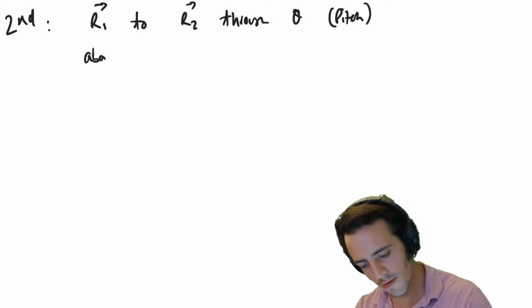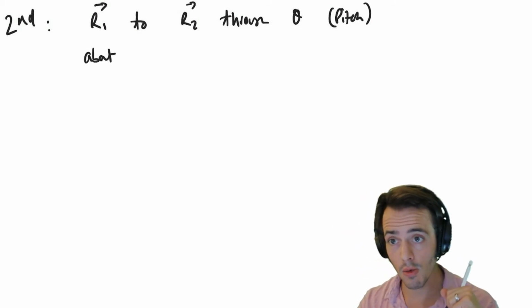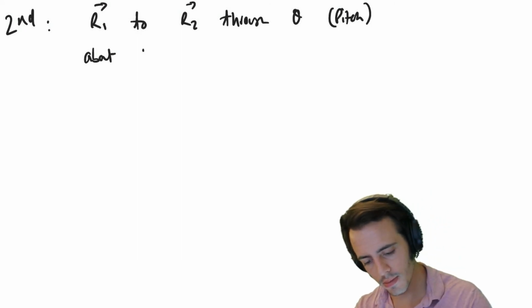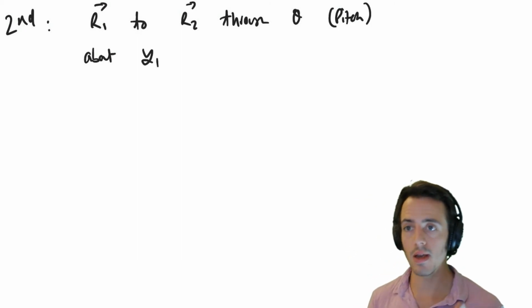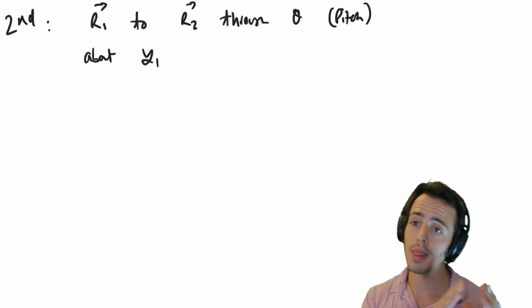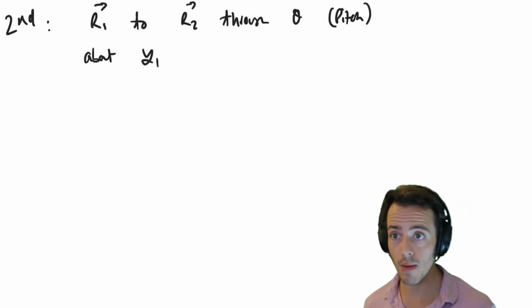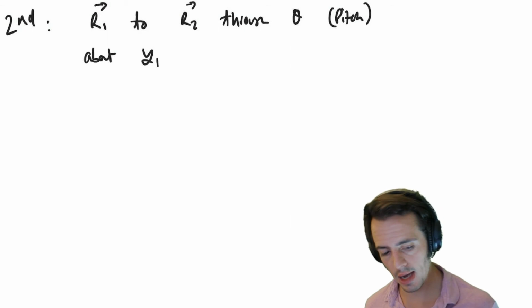And then pitch is defined about the y1. Okay, so y1 is actually not the same as Earth y, nor the same as body y in this case. It's an intermediate axis set.